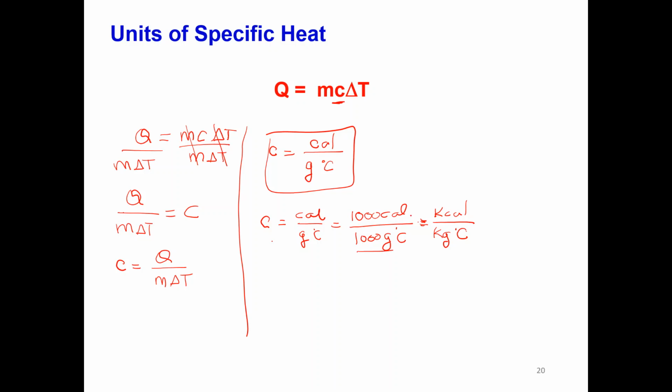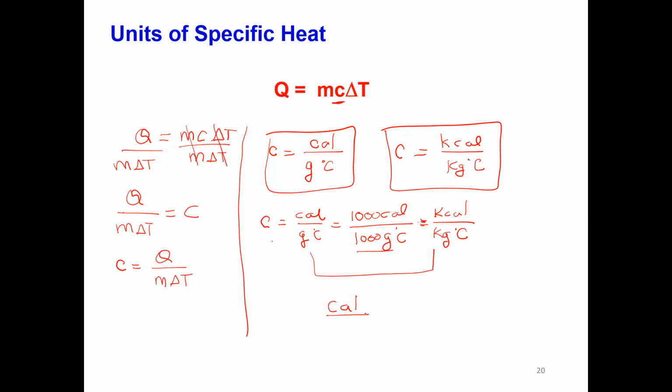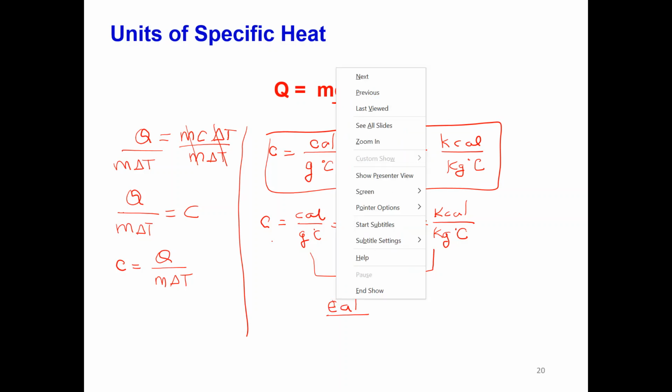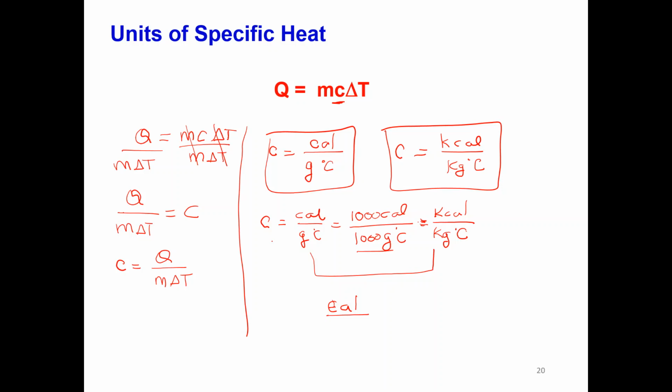Then what we can come to is another unit for the specific heat. But one thing is you can see these two are the same. We have to be careful with this because it should be a small c.